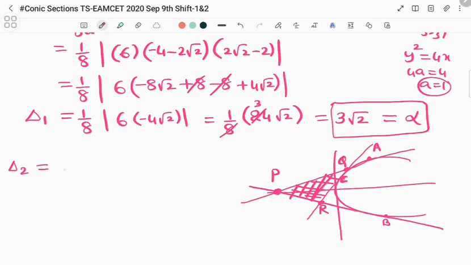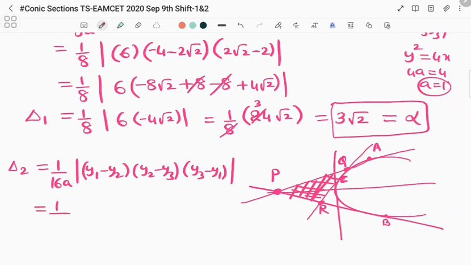Even for this example problem, dear students, how we are going to utilize it: delta 2 is 1 by 16a into mod (y1 minus y2)(y2 minus y3)(y3 minus y1). So 1 by 16, a value 1.